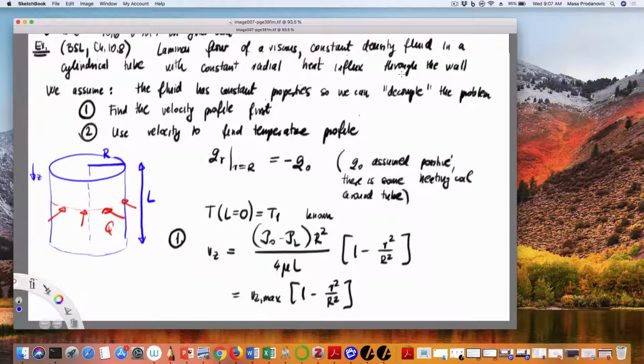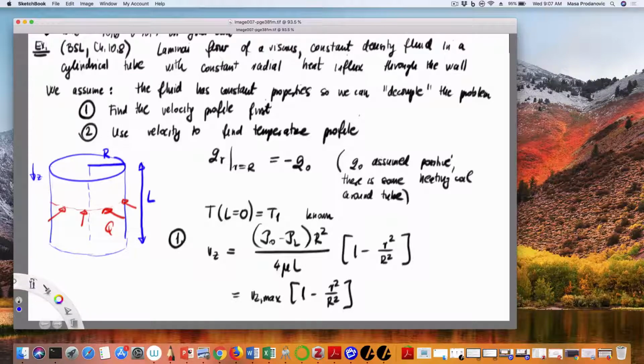And I'm assuming that I know the temperature at the beginning of my pipe, and the question is what it is along the pipe further down the road. This is the velocity profile, our standard parabolic velocity profile that I assume known, and I'm just going to write Vz max.